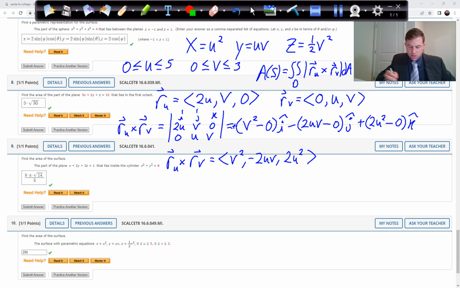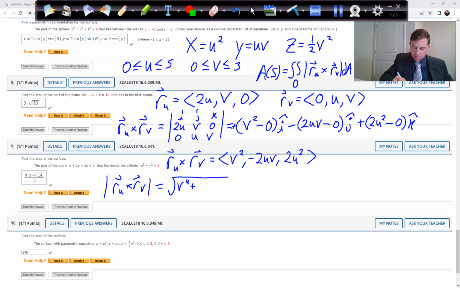Okay, now the magnitude of that equals the square root of the sum of these things squared. So it's v squared squared, which is v to the 4th, plus minus 2uv squared, which is 4u squared v squared. Then it's plus 2u squared squared, so it's 4u to the 4th.